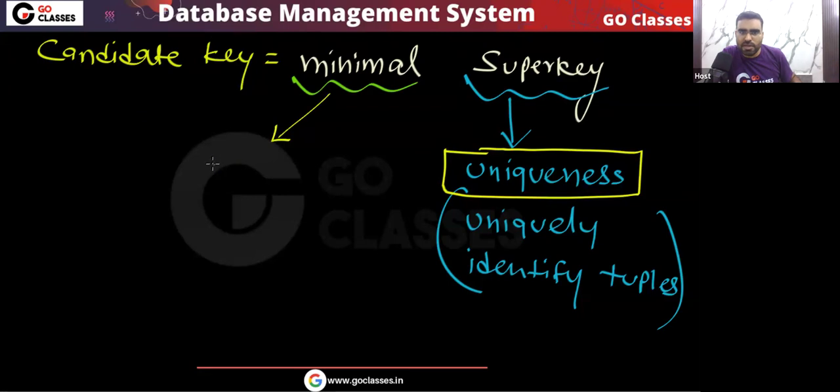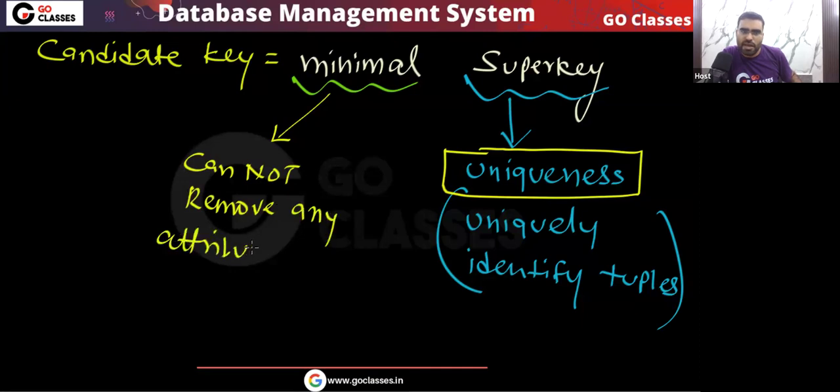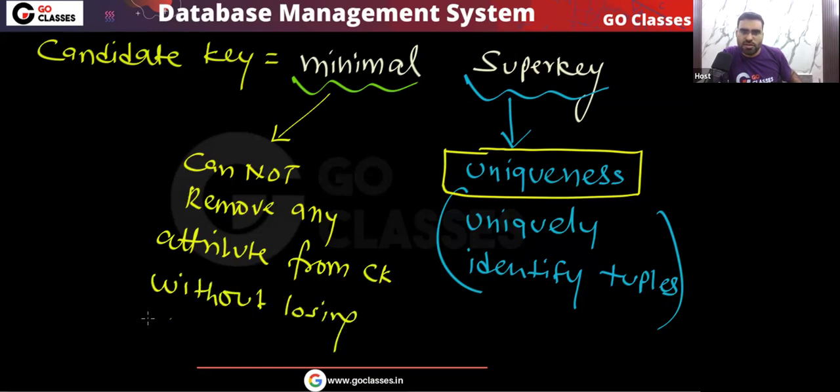So this minimal simply means that we cannot remove any attribute from the candidate key without losing the uniqueness property. Is this clear?